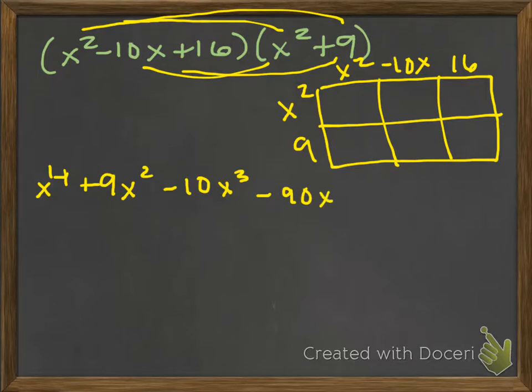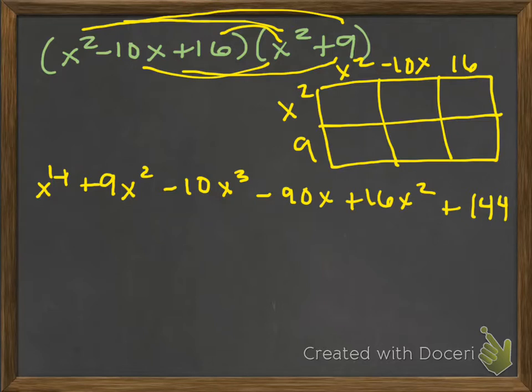Lastly, I'm going to do my 16. So I'll have plus 16x squared, and then we'll have plus 144. And for my box people, you should have the same terms in your box.